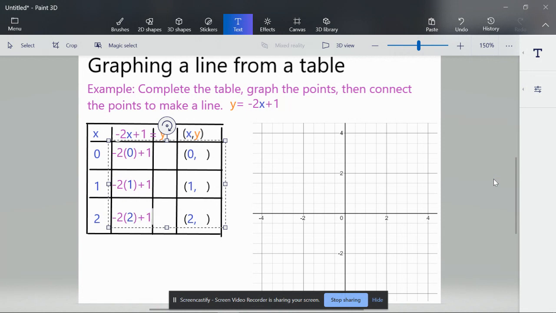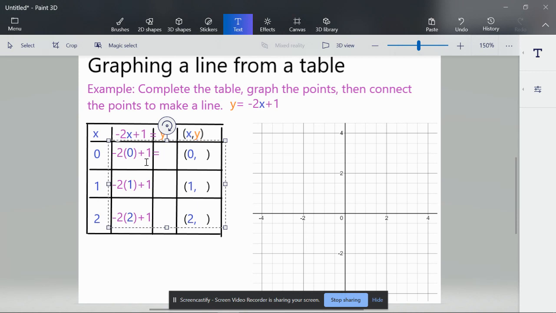So the main thing that I want you to get from this column that we just filled in is that when you're solving for y values, when given an x value, the only thing that changes is the x. Everything besides the x in the original equation stays the same. So then for this first problem, negative 2 times 0 plus 1, just use your calculator, make your life a lot easier.